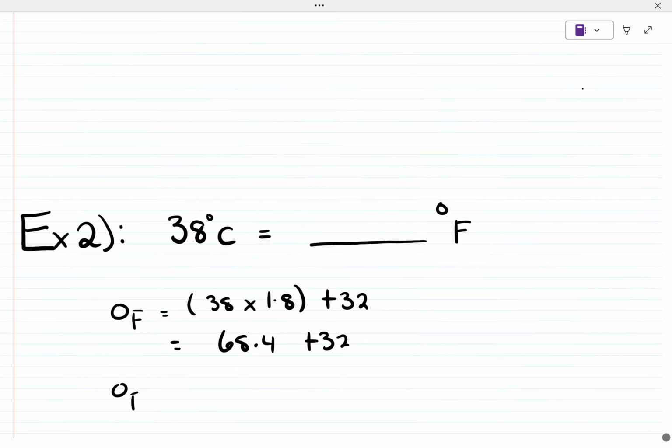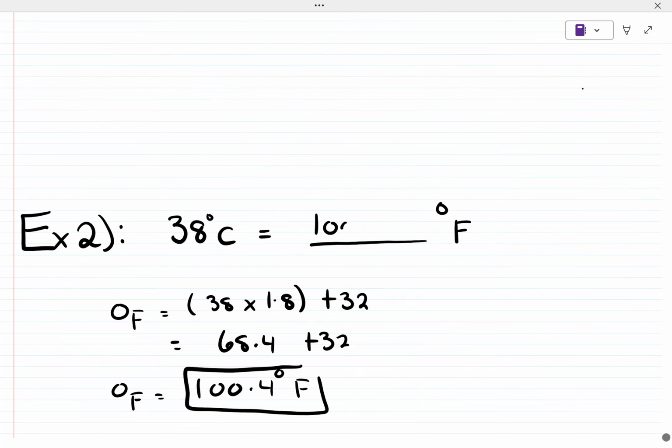Then your degrees in Fahrenheit is going to be 100.4 degrees Fahrenheit. I think we just round to the nearest tenth unless specified.